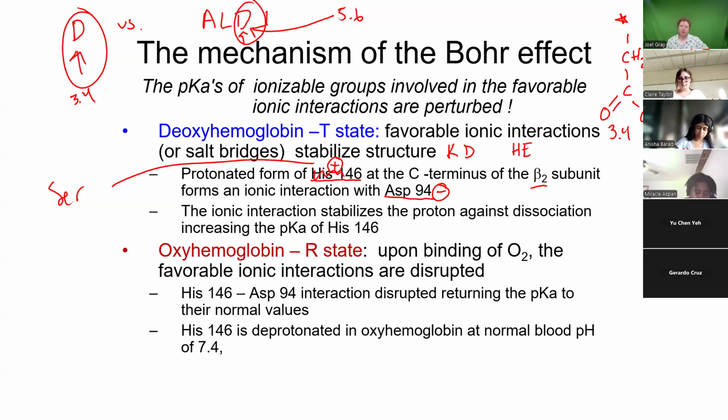But we also know that if that ionic interaction is stabilized, how would that be stabilized? Well, it will be stabilized by that histidine staying protonated. How can we ensure that that histidine stays protonated? Well, by putting more protons into our environment. How do we make more protons appear in our environment? By having a more acidic environment. Can I get a number if, okay, I follow, or a letter if, wait, come on back.